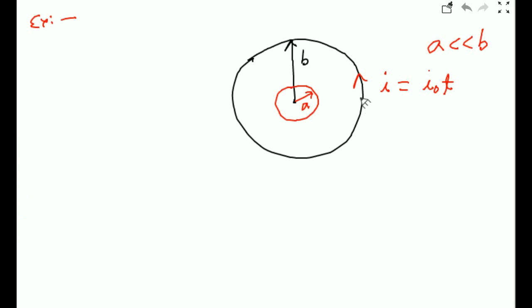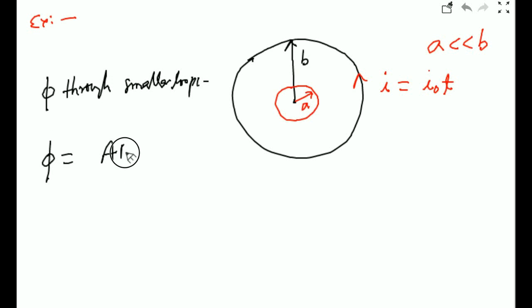As we know, when current is changing in this loop, first you have to calculate the flux through the smaller loop. You know the formula of the flux, that is AB cos theta.